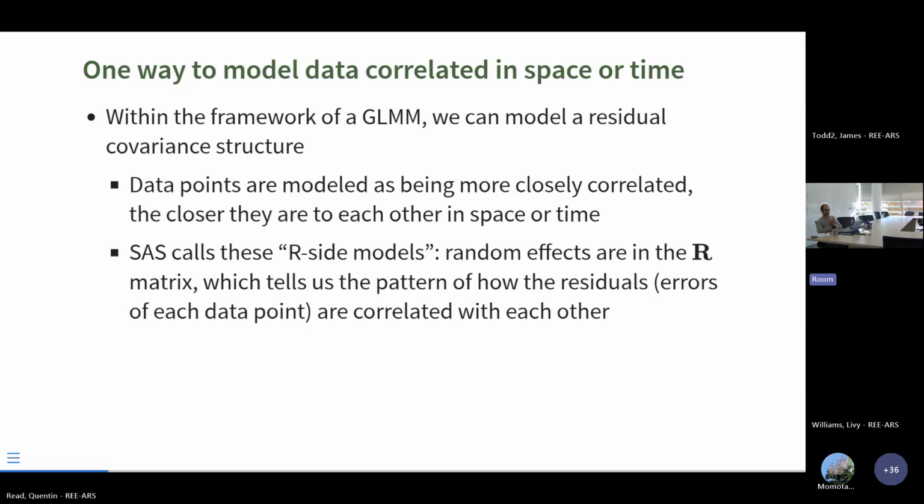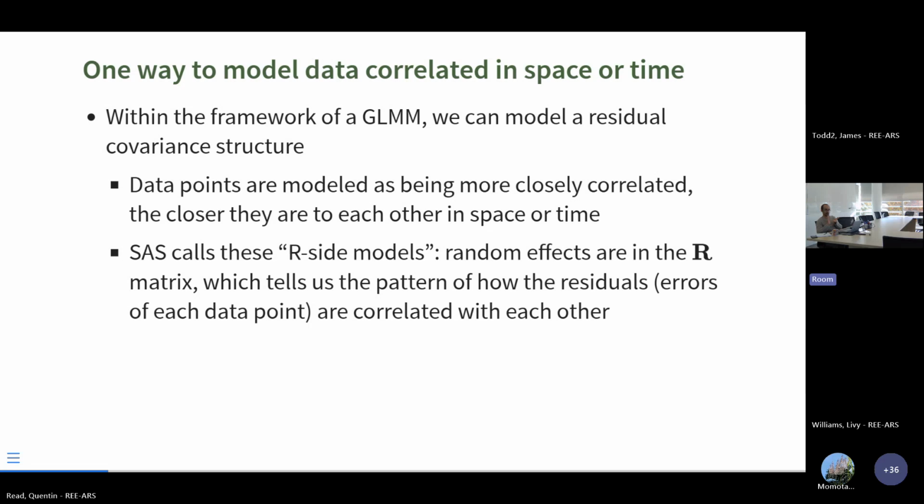And if you know SAS lingo, you might have heard that called R-side models or R-side random effects, because the covariance matrix of residuals is called R in some statistical notation. So they call it R-side. Basically we said, okay, residuals have a pattern in space and time.